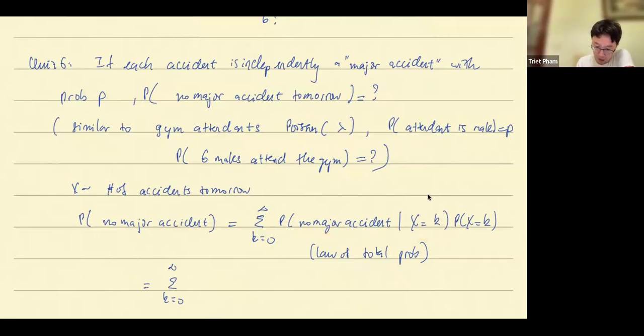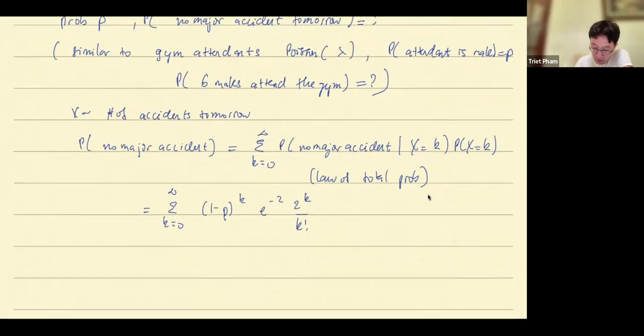So what is the probability? This is 1 minus p raised to k, right? And then, of course, multiplying with the probability X equals k, which is e to the minus 2 times 2 to the k over k factorial. And again, we bring out the e to the minus 2, leaving us with a sum.